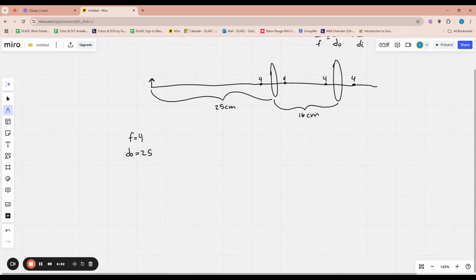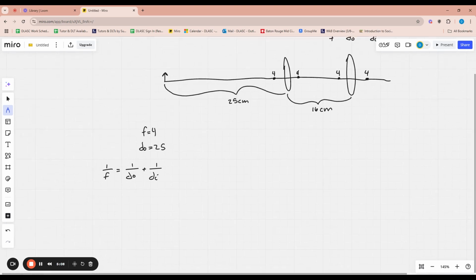So let's start by solving for d_i of this first lens. So we have 1 over f is equal to, I'm just rewriting the lens equation so we can look at it down here.